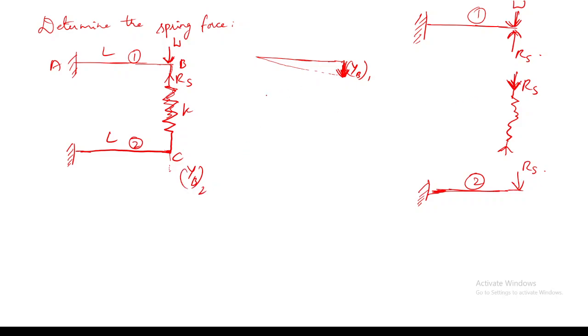So whether it is like YB of 1 equals delta S plus YB of 2, or else, we have named this as point C, right?